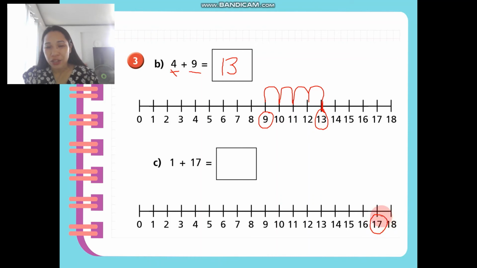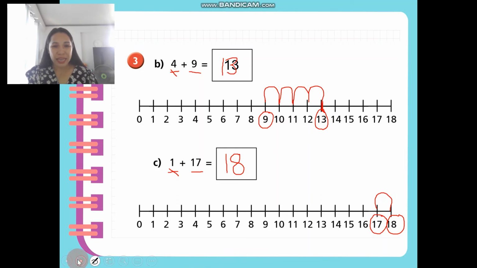So I'm going to circle number 17 and then I'm going to jump 1 time. Oh, good idea. So I'm going to jump 1 time and I ended up at number 18. So therefore, 1 plus 17 is 18. Very easy.